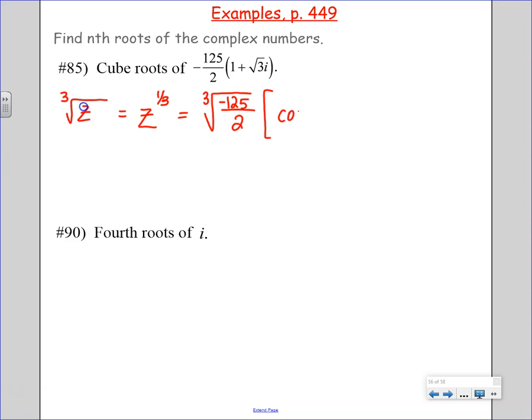So I really want to take cosine of something over 3 plus 2 pi k, and i sine of something over 3 plus 2 pi k. But the struggle is, where's my theta? Let me find it. Yeah, what form did they give me? Trig form or standard form? Struggle, I need my trig.